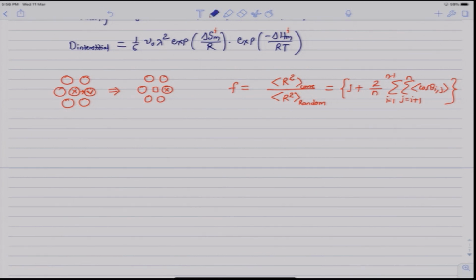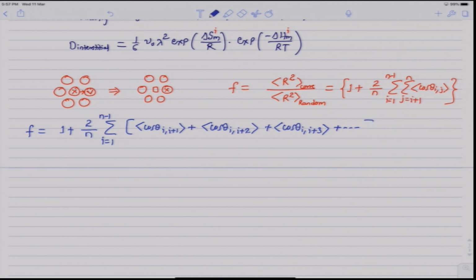So, if we expand the summation inside, we can write f is equal to 1 plus 2 over n summation i goes from 1 to n minus 1 would be cos theta i,i+1 plus cos theta i,i+2 plus cos theta i,i+3 and so on.